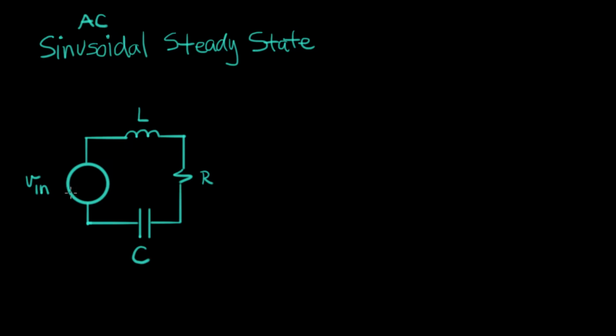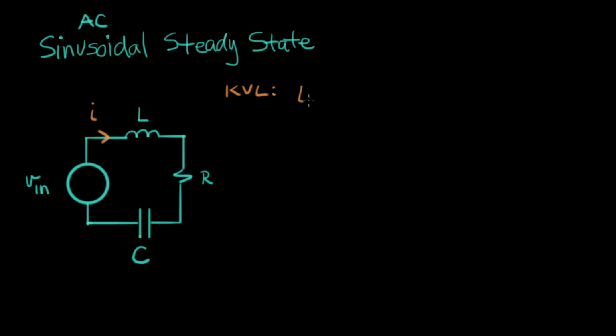If we use the differential equation technique, this is how we're going to go about it. The first step in a circuit analysis like this is to write a KVL equation. We're going to solve for this current right here, the one current in this circuit. So I is our independent variable. If I write KVL, as you recall from when we did this for natural response, we ended up with a differential equation that looked like this.